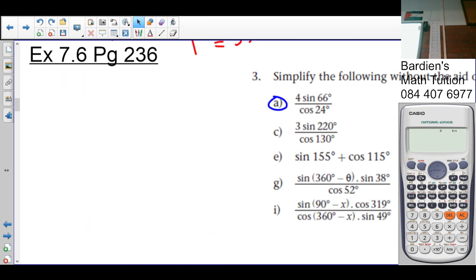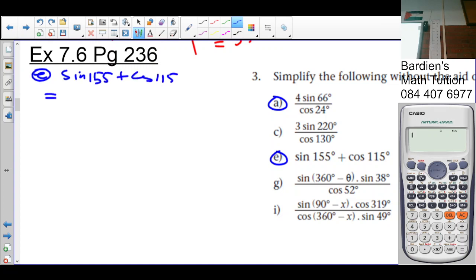Then E, we've got sine 155 plus cos 115. So this is going to be sine (180 minus 25), because 180 minus 25 is 155. And this is going to become cos.